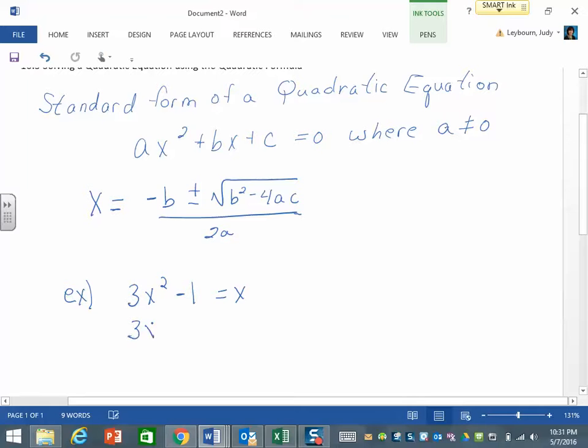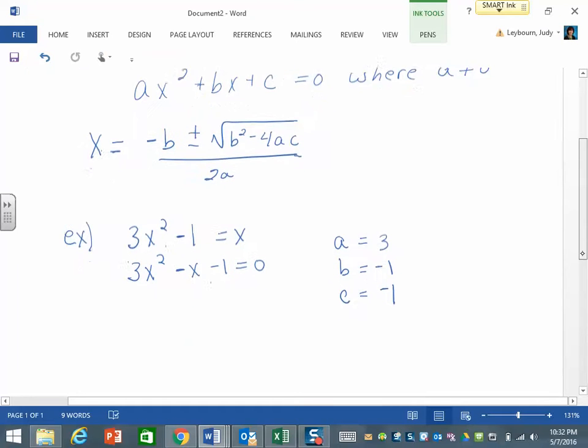So we write 3x squared minus x minus 1 is equal to 0. Now we can see that a is equal to 3, b is equal to -1, and c is equal to -1. A again is the coefficient of the quadratic term, b is the coefficient of the linear term, and c is our constant.